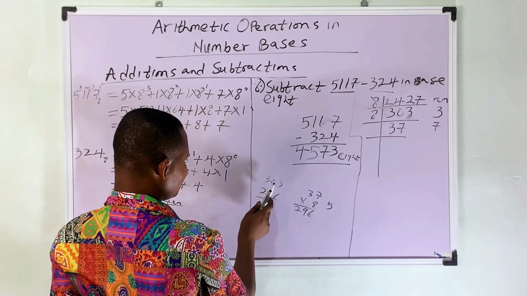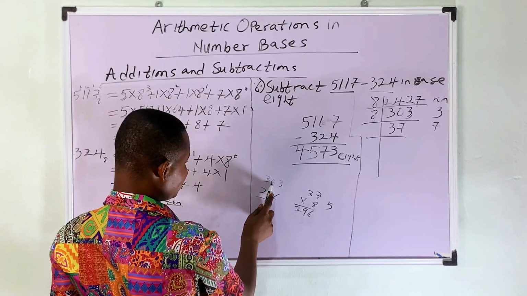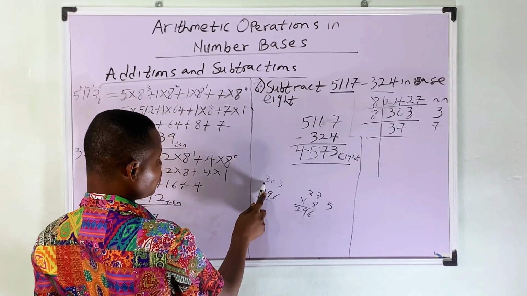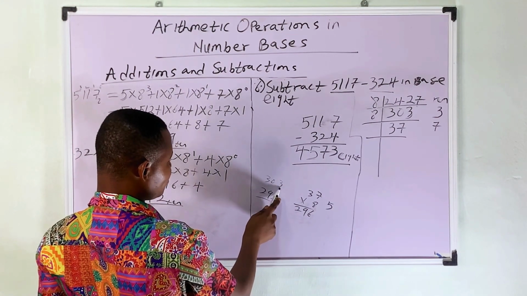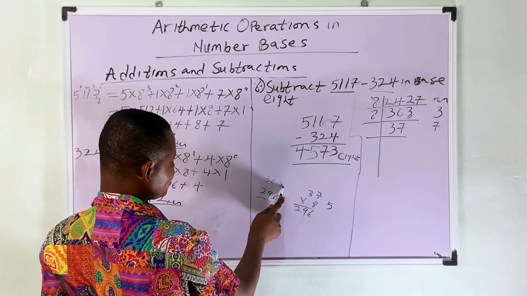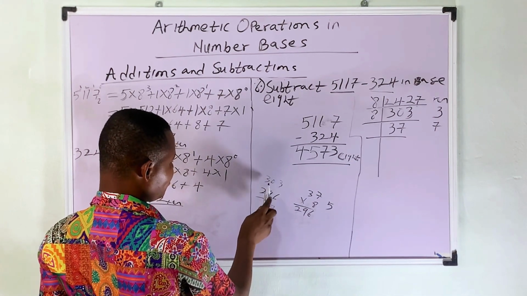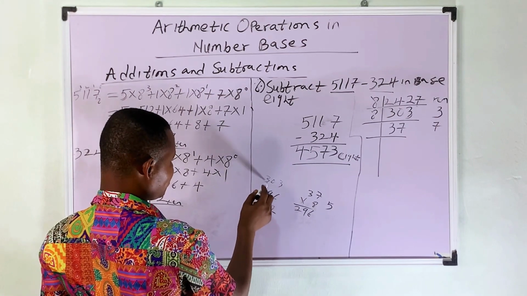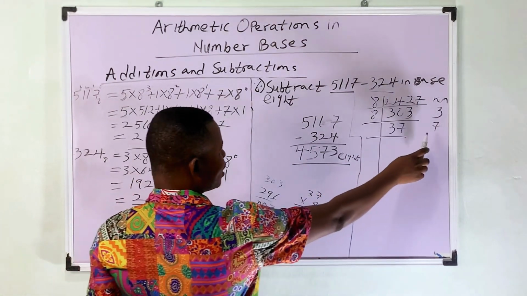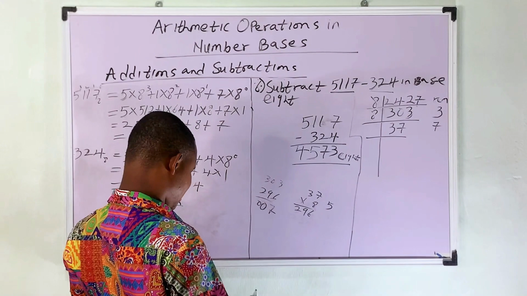We have 0 here. We cannot borrow anything. We come here, we borrow 1, turn to 10, put it here. We now borrow 1 from here, turn to 10. This will be 13 plus 6. We have 7. We have 9 left here. 9 minus 9, 0. We have 2 left here. 2 minus 2, 0. So that is the remainder of 7.